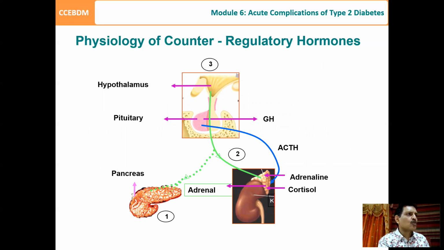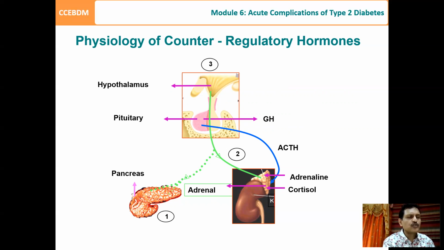Now, as I've told you, the hypothalamus is basically the area where it is measured that the blood glucose level is low, which leads to an impulse for the release of cortisol from the adrenal, and it also stimulates the release of adrenaline.